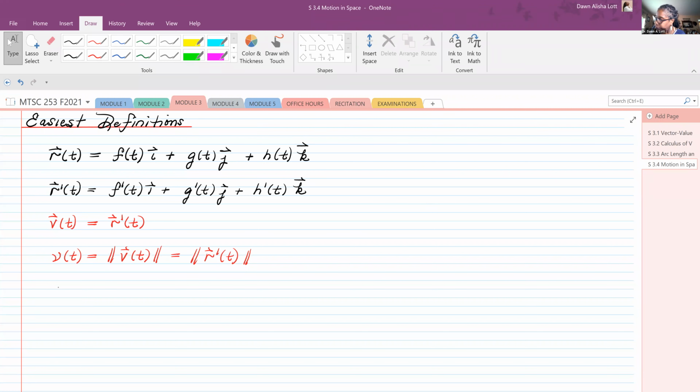The unit tangent T of t is v of t over the length of v of t. It is r prime of t over the length of r prime of t.